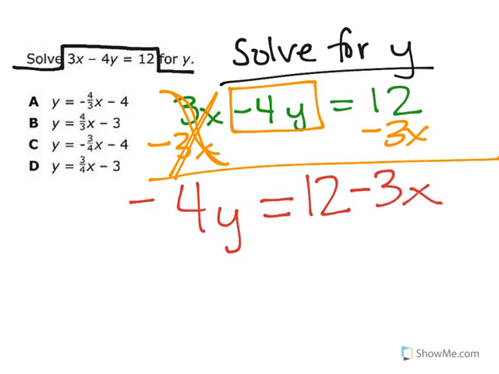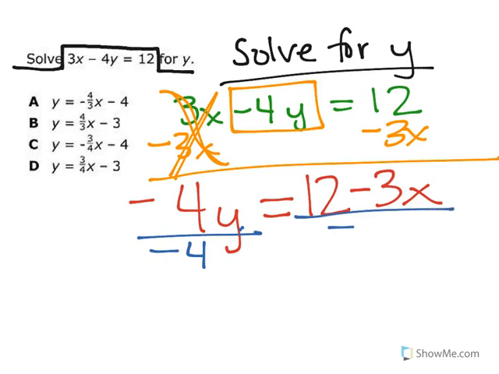If you remember with literal equations, I'm solving for a missing variable, but my answer isn't going to be numerical. So my answer right now is not numerical. I don't know what x is, so it just stays there. So now I look at this and I want y by itself. The inverse of multiplication is division.